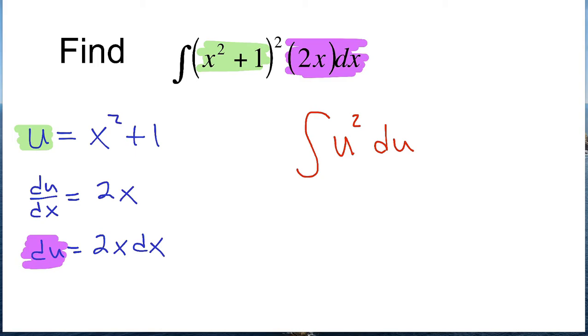Now we just have the power rule for integration. The power rule for integration gives u to the third divided by 3 plus c, and you've had some practice with that.